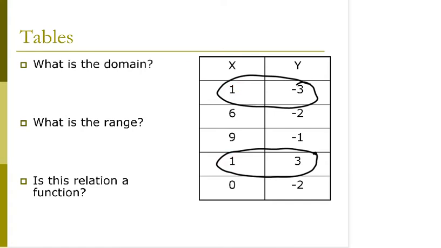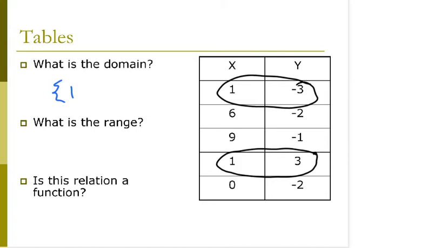Regarding what the domain is, though, the domain would be the set of values that are our inputs. The domain here is the set containing 1, and we know 1 shows up twice, but let's just write it once. 1, 6, 9, and 0.